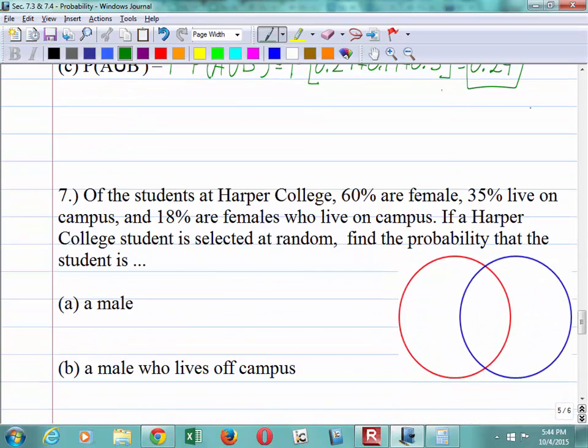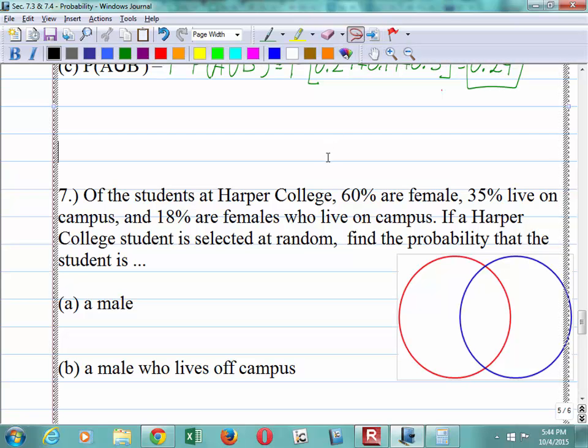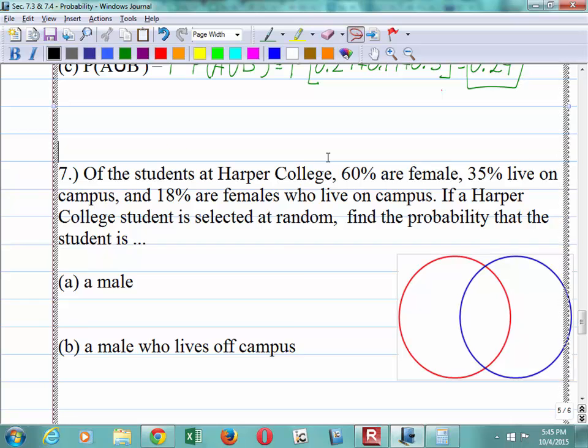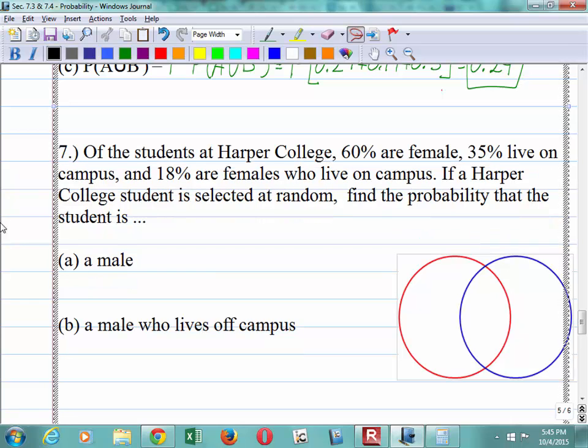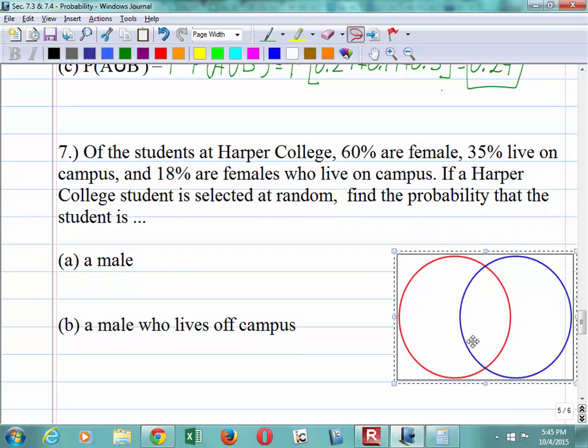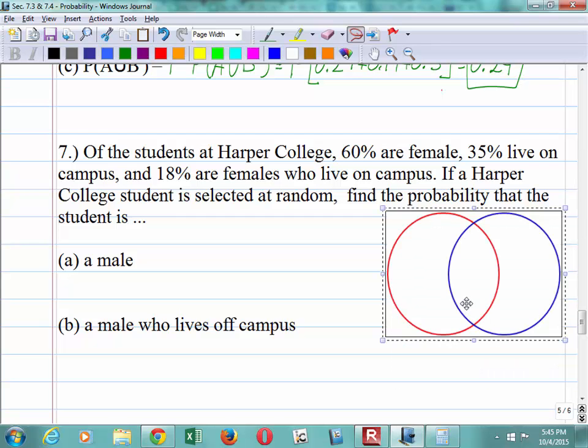Alright, number 7. Of the students at Harper College, 60% are female, 35% live on campus, and 18% are females who live on campus. If a Harper College student is selected at random, find the probability that the student is a male.